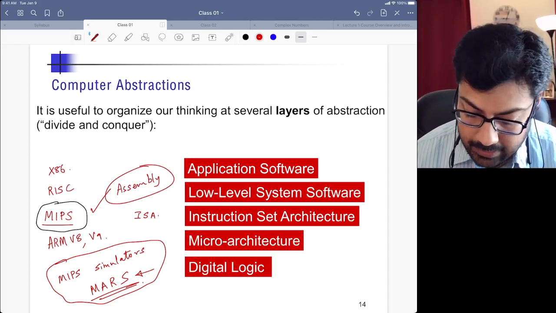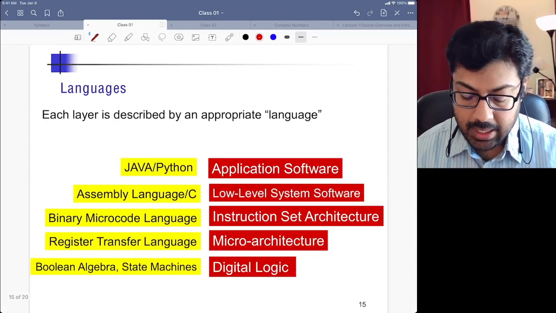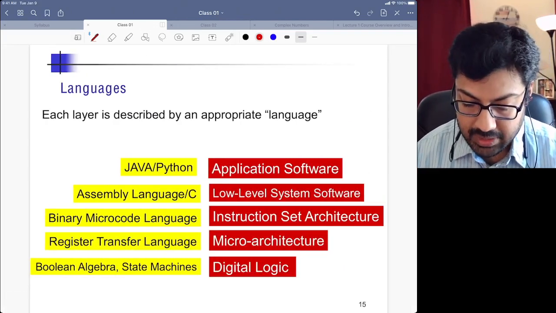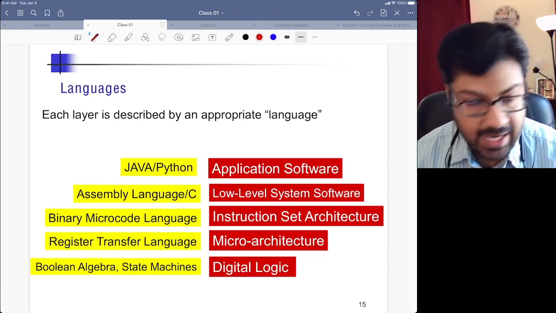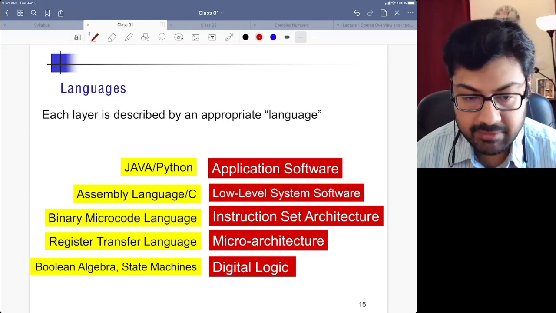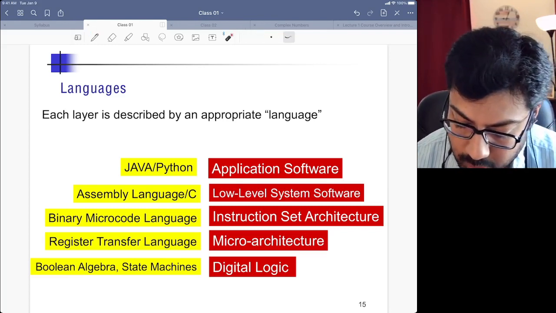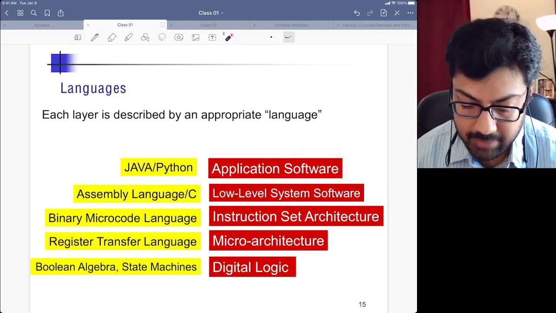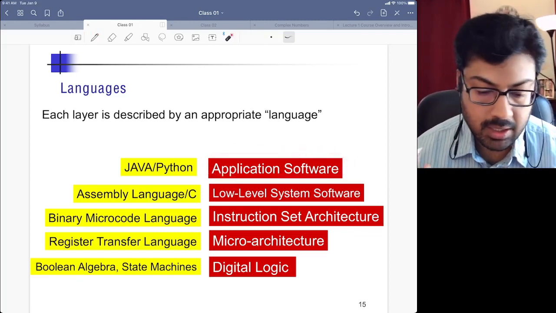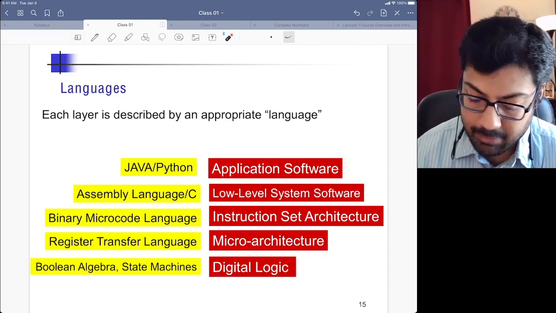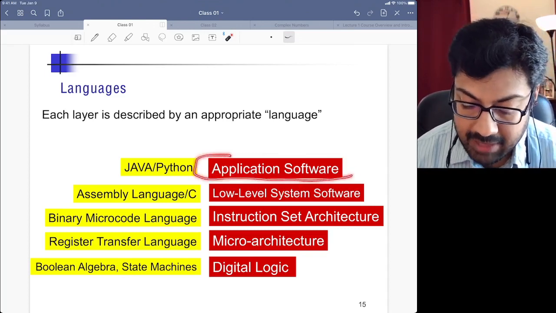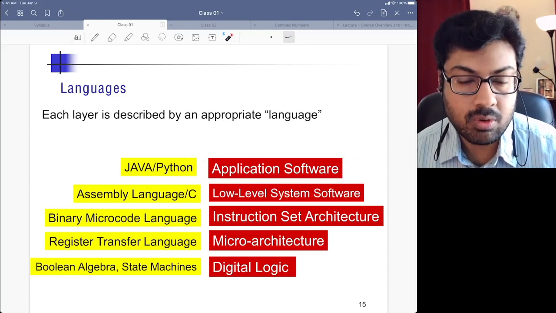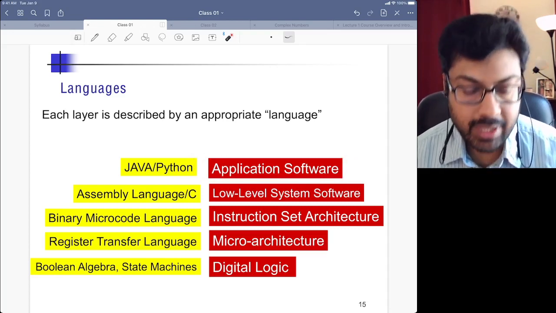All right. Next, in terms of languages, they are layered as well. If you look all the way at the top, you think about application software, maybe Java, Python, C++, C Sharp, MATLAB. All of these are way at the top, and we are so used to writing code at the application software level.